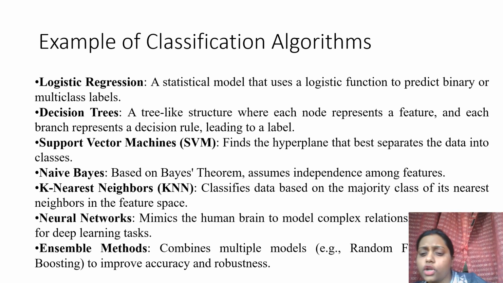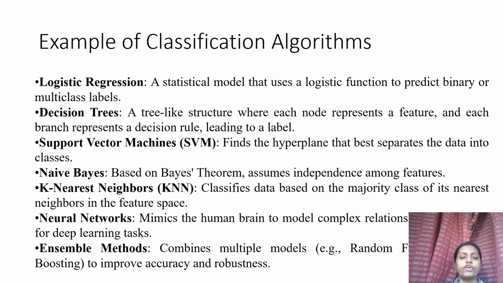Not only naive-Bayes, there are several classification algorithms present. These are logistic regression, decision trees, support vector machines, naive-Bayes, KNN, K nearest neighbor, neural networks, and ensemble methods. We can discuss them one by one, but in today's session, we start with naive-Bayes.